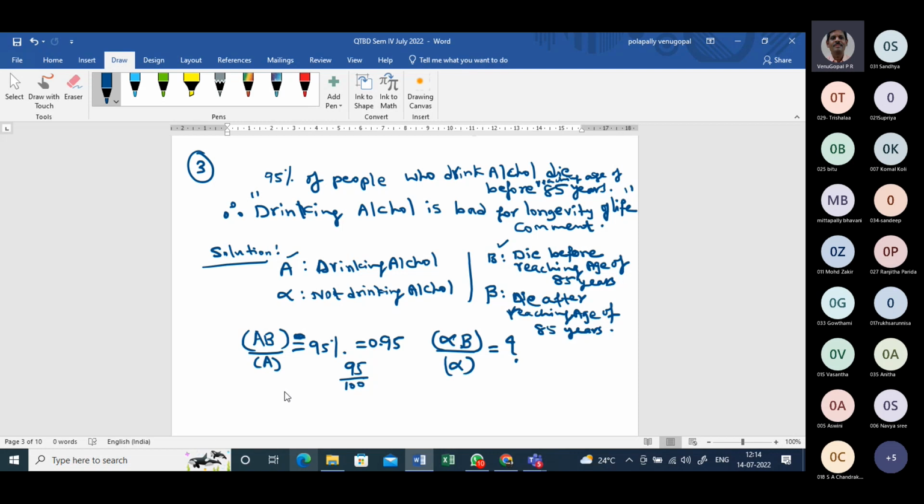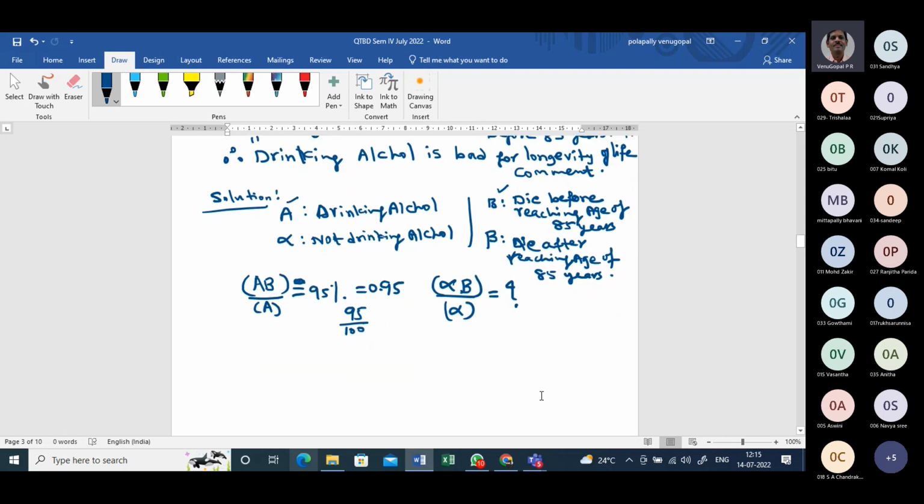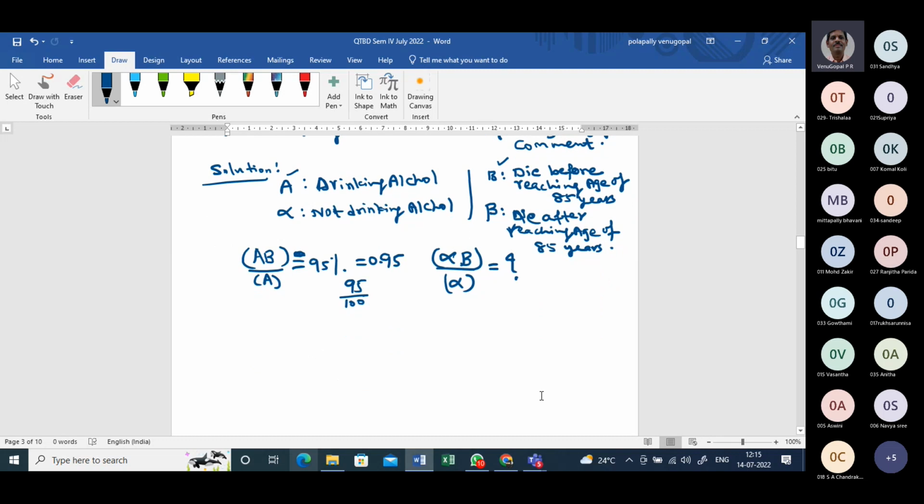Yes or no? People who don't drink and die, and people who don't drink, do you have the data? No, sir. Therefore, I cannot. So the given statement, drinking alcohol is bad for longevity of life, cannot be commented on because of insufficient data.